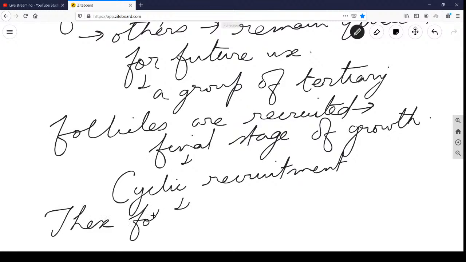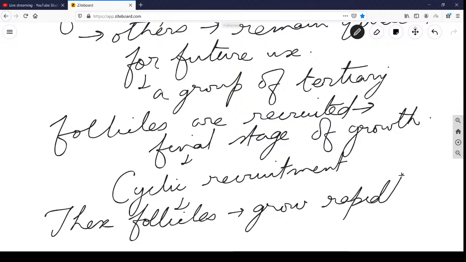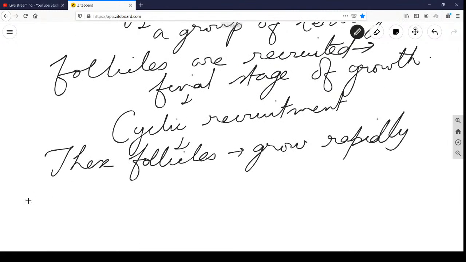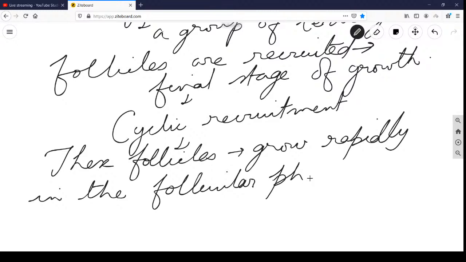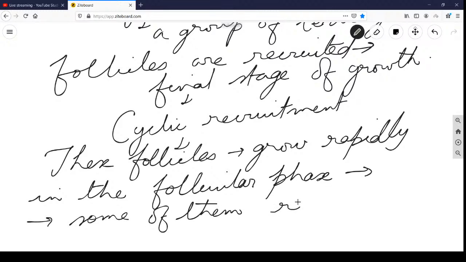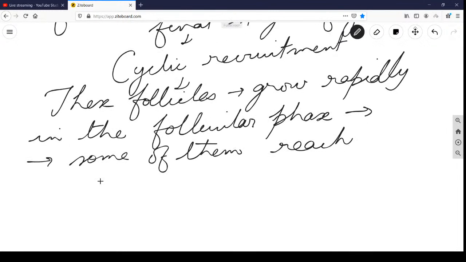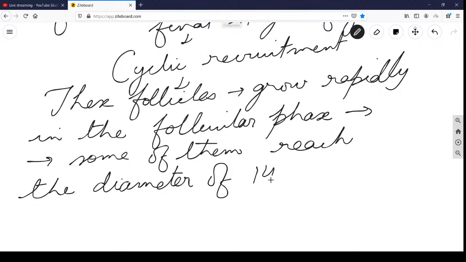These follicles grow rapidly in the follicular phase, and some of them, a few, reach 14 to 21 mm by days 10 to 12.